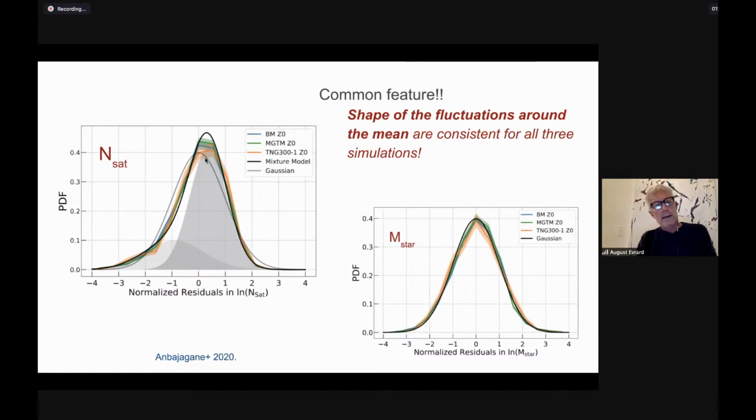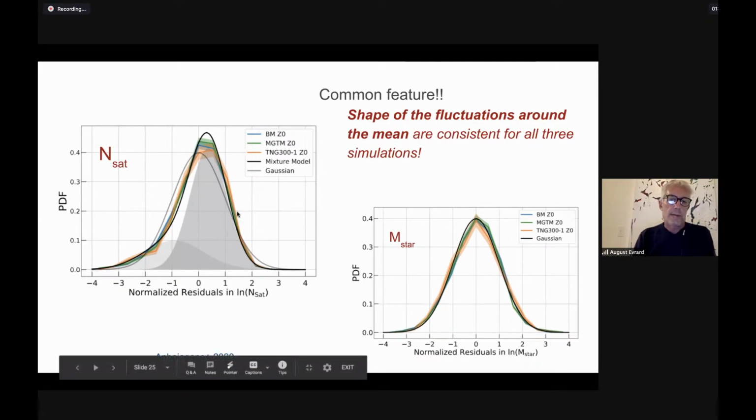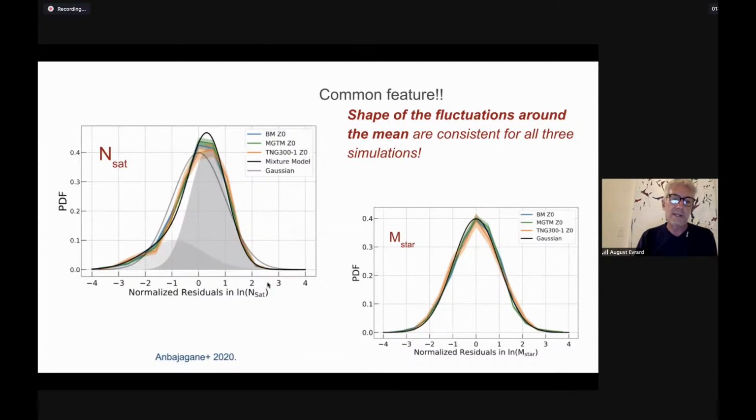They lean a little to the right, if you will, and there's a tail down to low satellite number. Okay. And we fit it with what's called a Gaussian mixture. So there's a broad, low Gaussian here, and a more peaky Gaussian there in gray. And that's the model that we presented to the world for our colleagues to use and go forward with. So that's the distribution of the number of satellite galaxies.